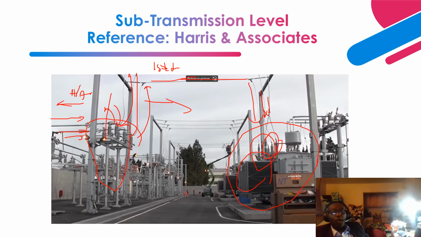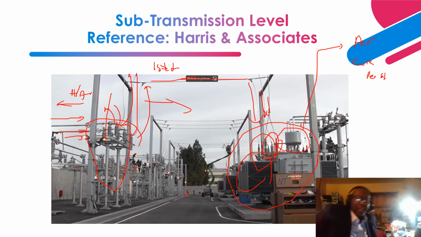As you can see on top right here, what is this? This is an air core reactor. And you might want to ask, what is the purpose of an air core reactor, and why are we using it?